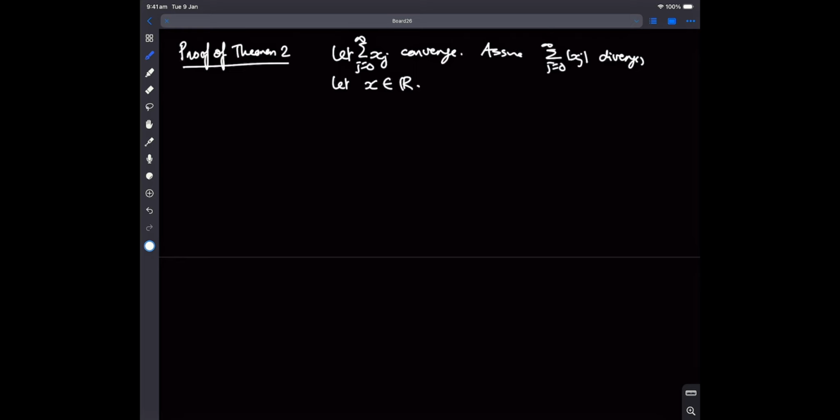The first thing we're going to do is decompose the natural numbers into two sets, S_plus and S_minus. S_plus is going to be the set of all natural numbers n such that x_n is non-negative, and S_minus is going to be the set of all natural numbers n such that x_n is negative.